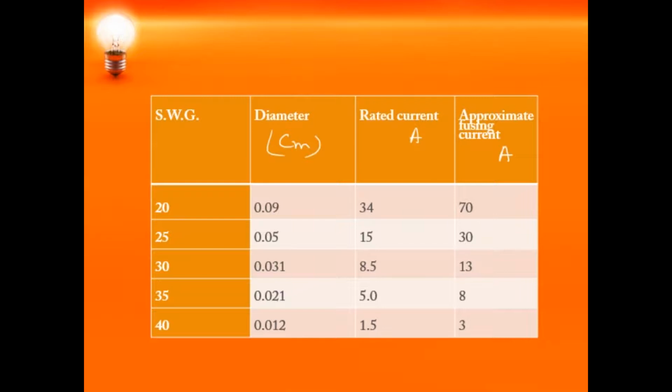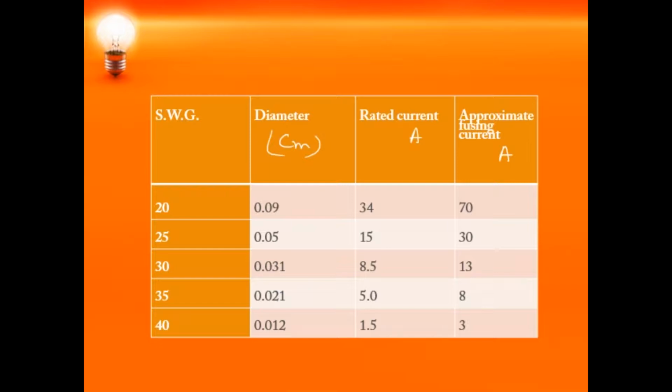That means as your wire gauge increases, the rated current is reducing, thereby varying the fusing current also. This is related to the material which is used, the value of K, and the different standard wire gauges and what will be their rated current.